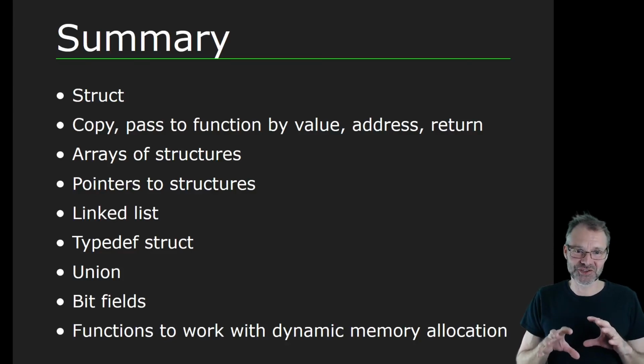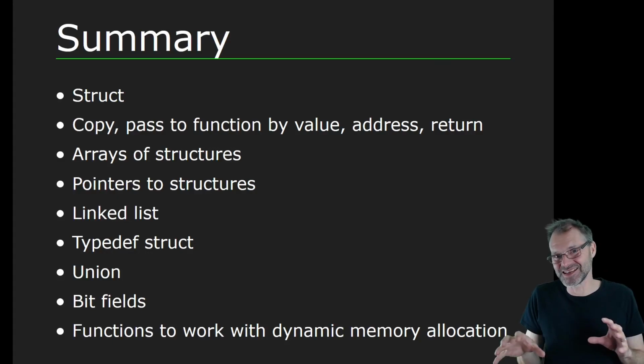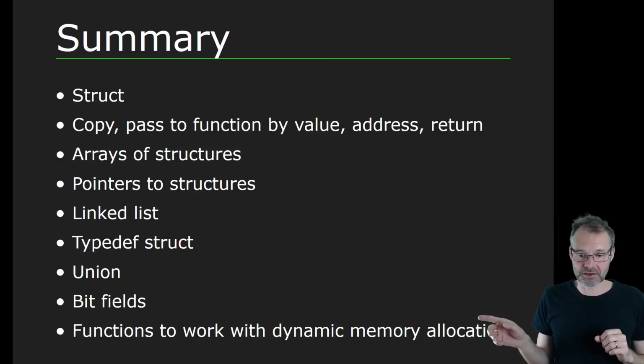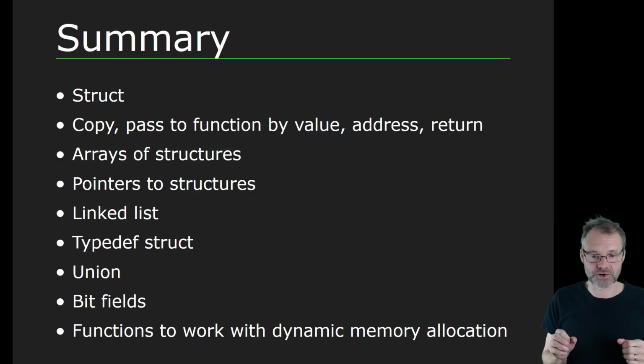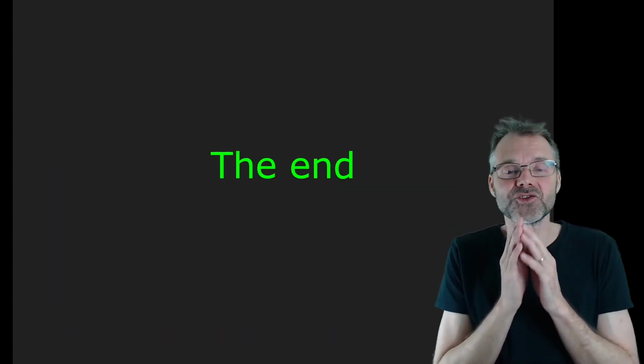The code shows how we are working with each individual bit, so it's really easy. And we talked a bit about the different functions that we use when working with dynamic memory allocation and freeing of memory. And basically that was what I had on my mind today.